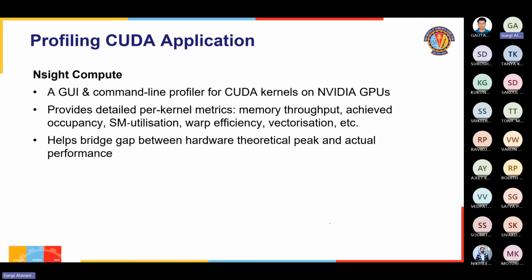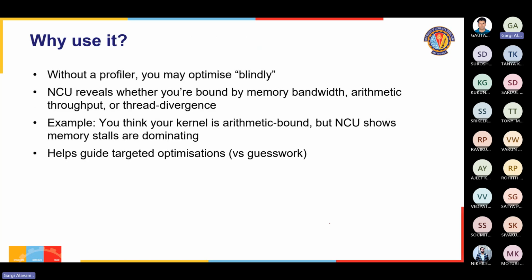So why do you need to do profiling? Without profiling, we are trying to optimize the application blindly without knowing what exactly the problem is. With a profiler like NCU, it tells you whether you are bound by memory bandwidth, arithmetic throughput, or any kind of thread divergence that is happening. So for example, you might think that the program that you've written is a compute bound program. A lot of computation is happening.